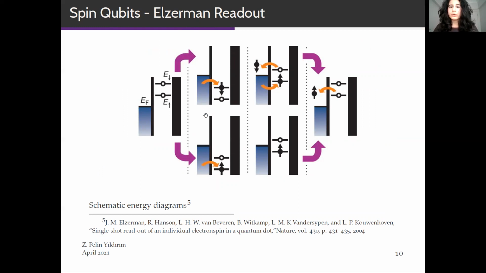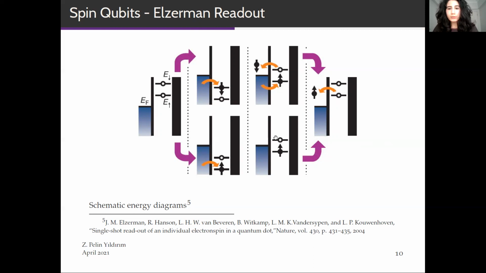So there are two possibilities. It's either a higher energy spin, or a lower energy spin. Then we again change the gate voltage just a little, so that the lower energy spin gets in. So the Fermi energy is between the two energy levels.